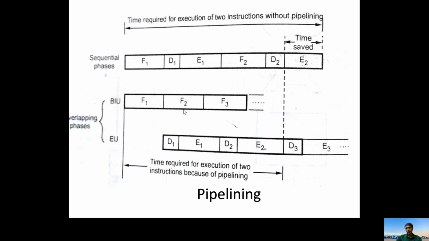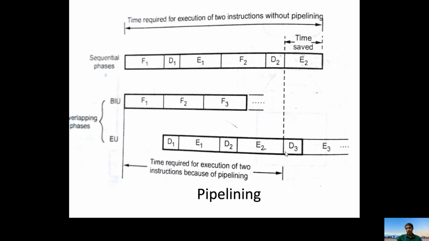During this time, the BIU fetches the next instruction. After decoding the first instruction in the execution unit, it will execute. After executing, the second instruction is already fetched in the BIU. Then the EU decodes the second instruction and executes it. During this decoding and execution of the second instruction, the BIU fetches the third one. Like that, fetching and execution are done simultaneously. This mechanism is called pipelining.